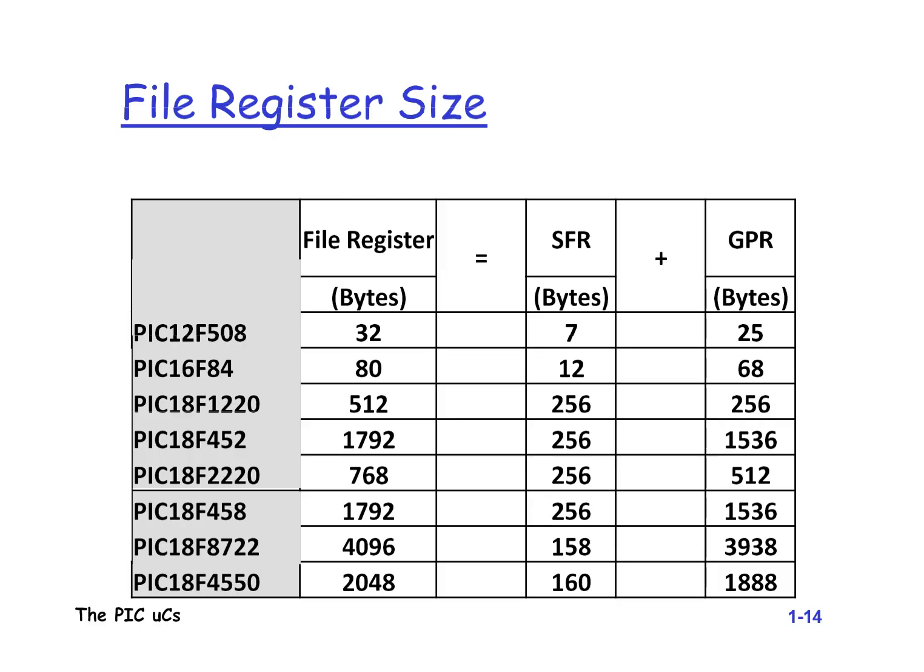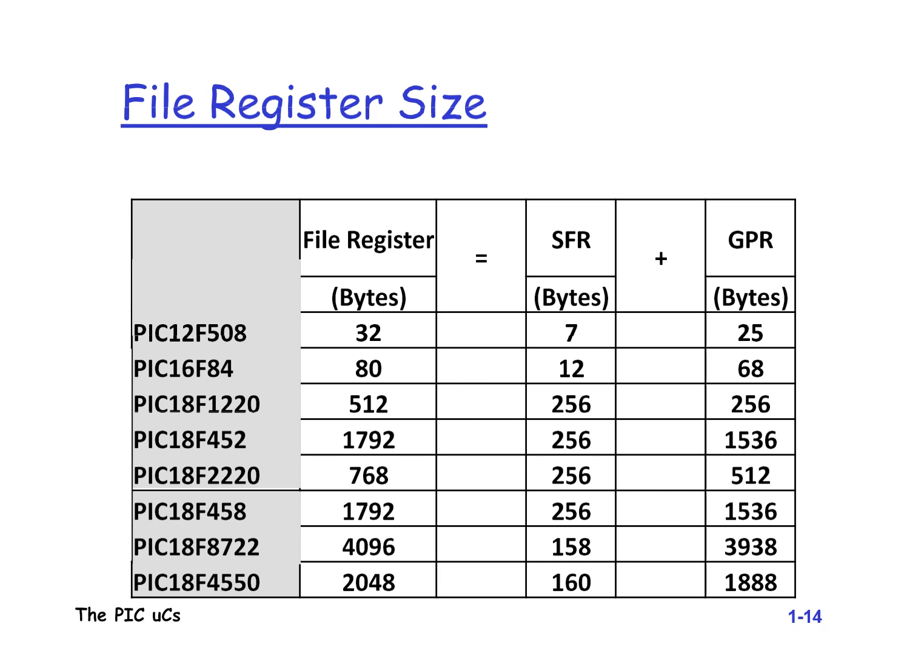Here we can see the file register size of different models of the microcontroller. We can see that the largest memory available is on PIC 8772, which is 4096 bytes, and the file register memory is divided further into two portions, as we know. One is the SFR, special function registers, and the other is the general purpose RAM.